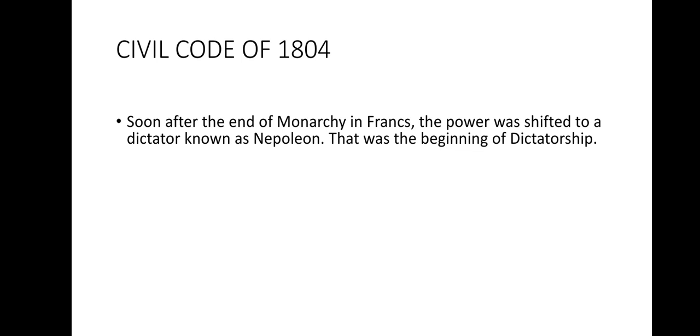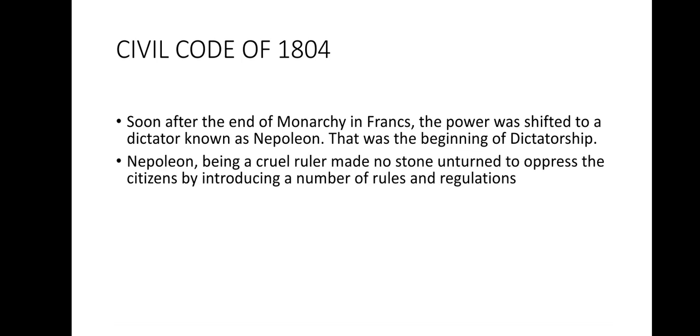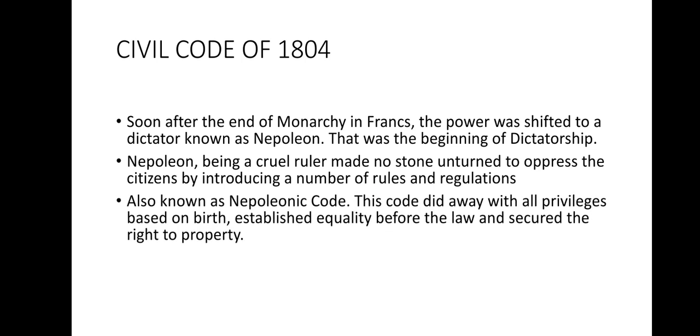Under this, soon after the end of monarchy in France, the power was shifted to a dictator, Napoleon. That was the beginning of dictatorship in France. Napoleon, being a cruel ruler, left no stone unturned to oppress the citizens by introducing a number of rules and regulations, also known as the Napoleonic Code.